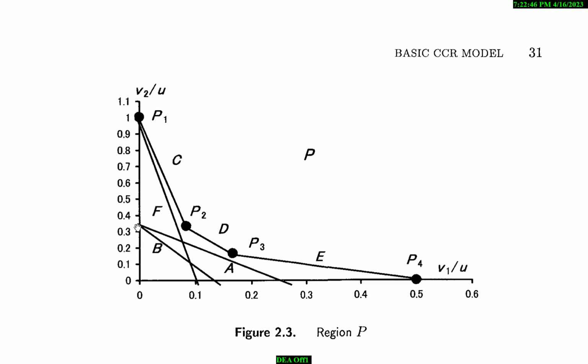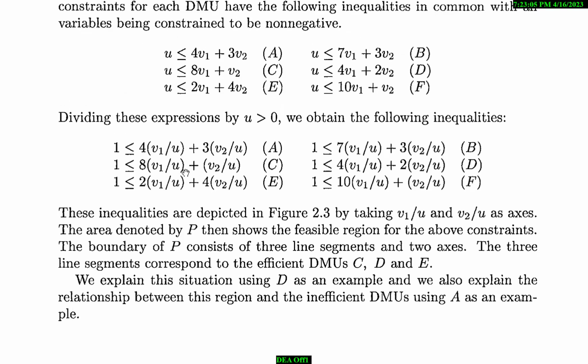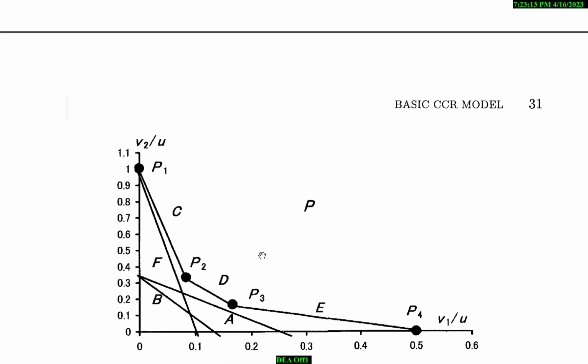That is here. And similarly, when we put V2 equal to 0, the value of V1 by U, the first value, would be here, 1 divided by 4.